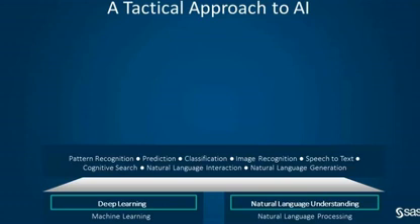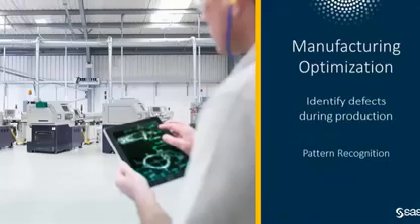So think of these as the actual task that you're asking the machine to complete, whether it's pattern recognition, image recognition, speech to text, natural language interaction, or some of those narrative summaries like I spoke about in regards to natural language generation. So you use the building blocks independently or together to create one of these capabilities. And one of these capabilities will form one aspect of the application that you're seeking to create.